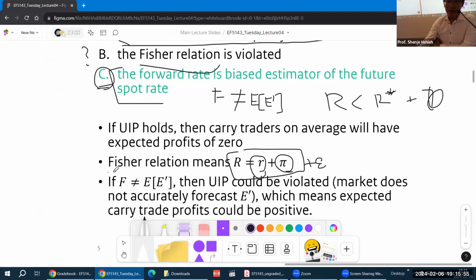I gave you the definition of the Fisher relation. We'll come back to this relation soon, I think in week 5. But there's a difference between this Fisher relation and what's called the international Fisher relation, which I'll show you the week after Chinese New Year.